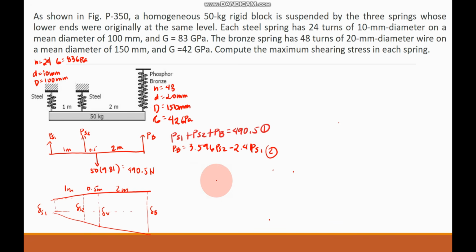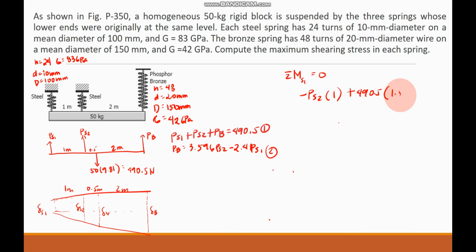So what else? So we can take the summation of moment of forces in point 1. So taking the summation of moment, we will take the moment of the forces at point, let's say point S1 is equal to 0. So magiging negative PS2 multiplied by 1 meter plus 490.5 Newton.